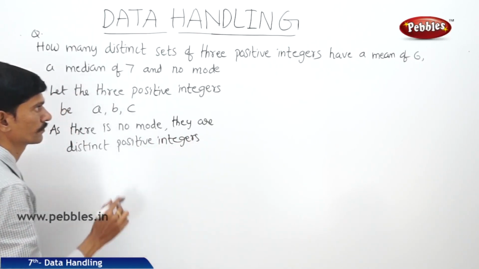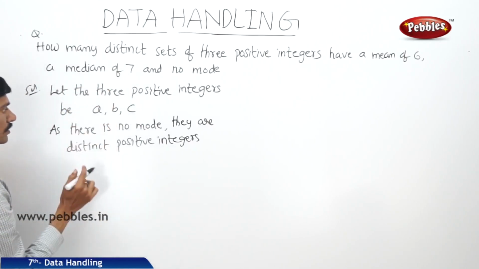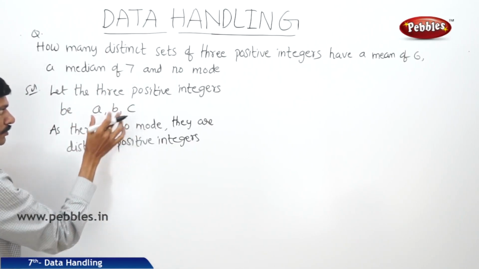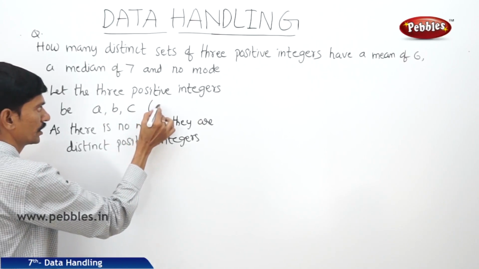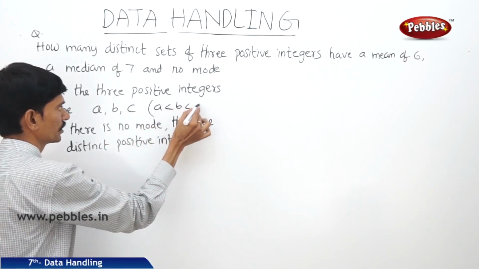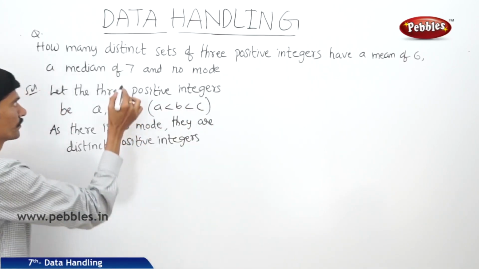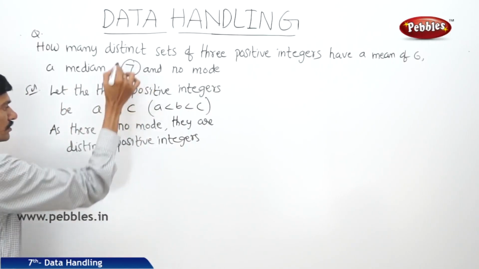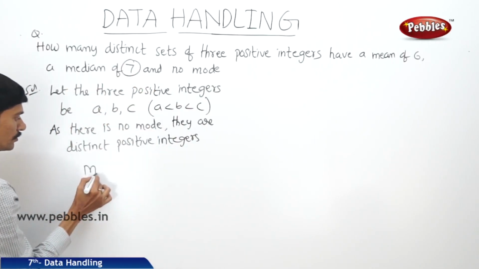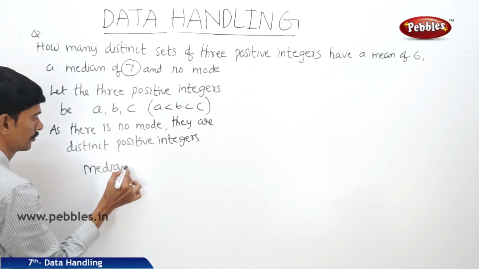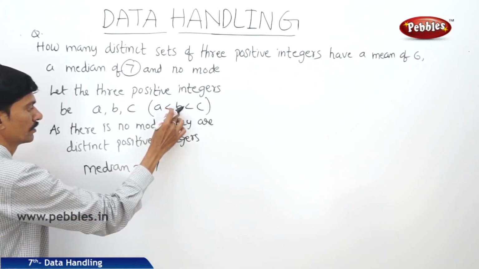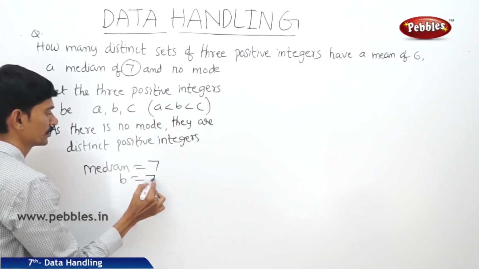The median is 7 and they are distinct positive integers, and let us take a less than b less than c. Then median is 7 means the b value is 7.